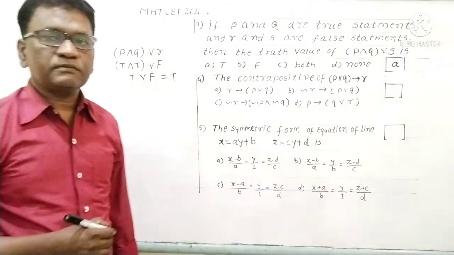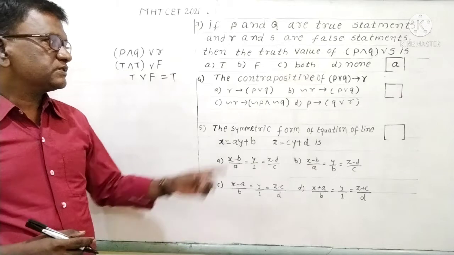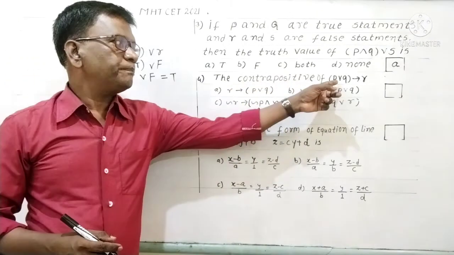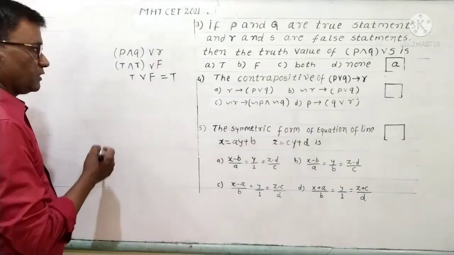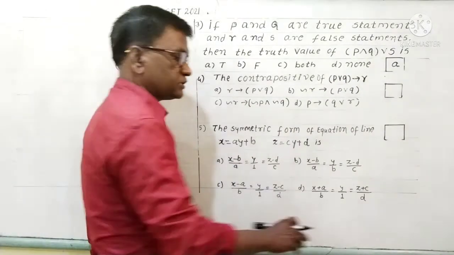Simple questions are there. Next one is the contrapositive of P or Q implies R. You have to write the contrapositive statement.